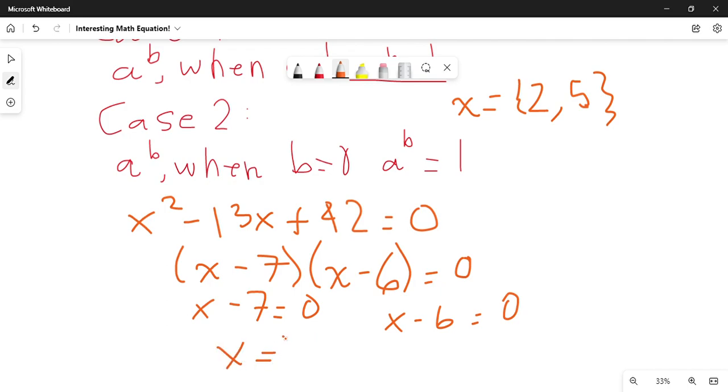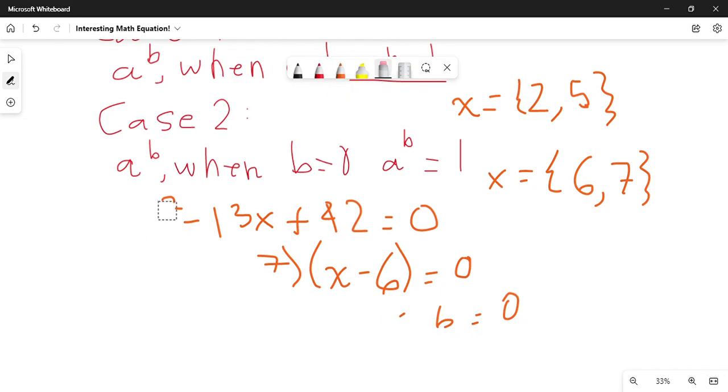So x here is 7, x here is 6, and our answer is x equals 6 and 7. Now we have 4 solutions, but there's one more case.